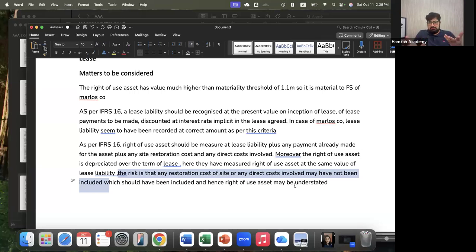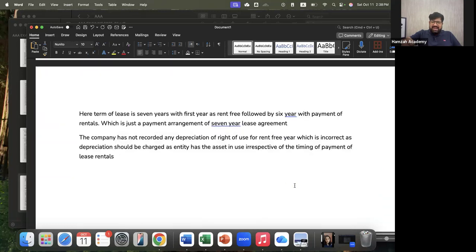There might be. So it may be missed. So it may be understated. But here it is clear misstatement. Depreciation charge, we said it is incorrect treatment, directly said. You see here, it is incorrect. They should have charged. What they should have done?